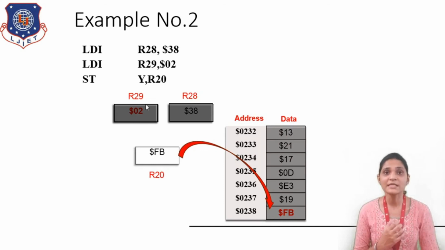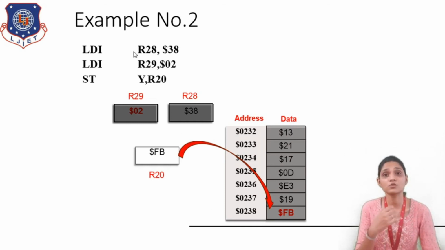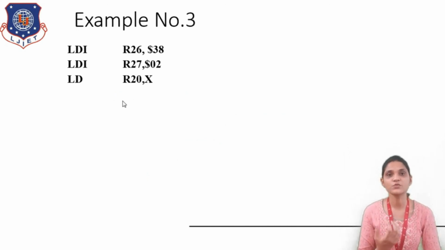Okay. Similarly, instead of ST, you can also use the instruction LD. At that time, the content of that particular memory location that you have stored by immediate values is going to be stored inside some register. Okay. Also you can load, also you can store. Similarly, this is for loading.